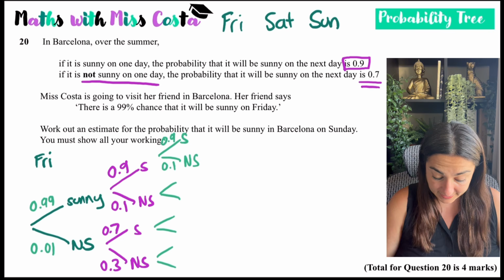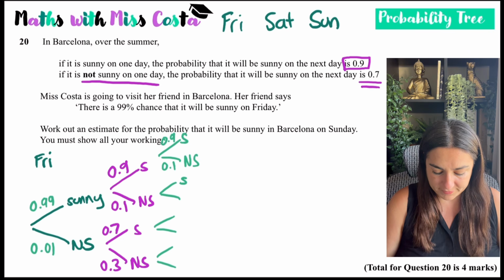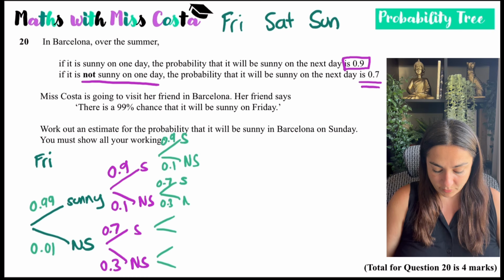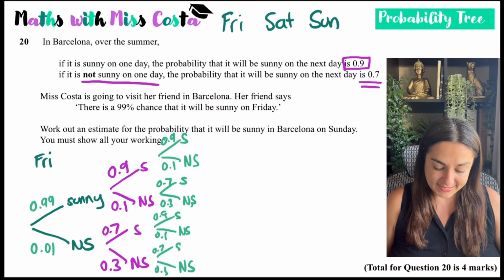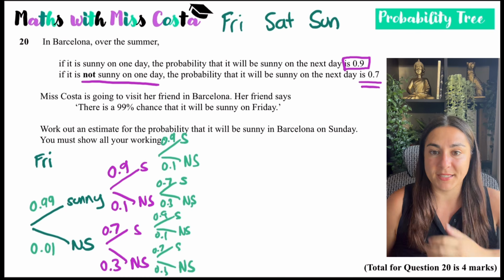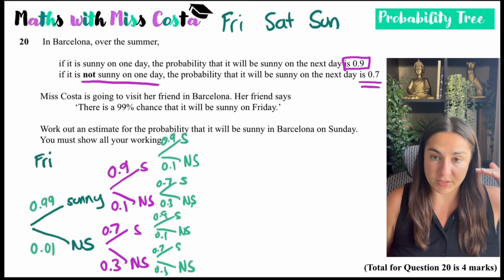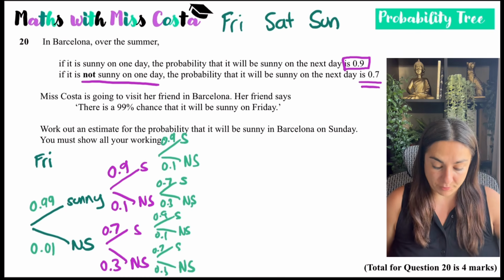If it wasn't sunny, then the probability of it being sunny would be 0.7, and not sunny 0.3, and then sunny again would be 0.9, not sunny would be 0.1. If it wasn't sunny, it would be 0.7 and 0.3. So now we've got our probability tree. We didn't necessarily have to do it in a probability tree, but sometimes it just helps. You could have just listed what your options would have been.